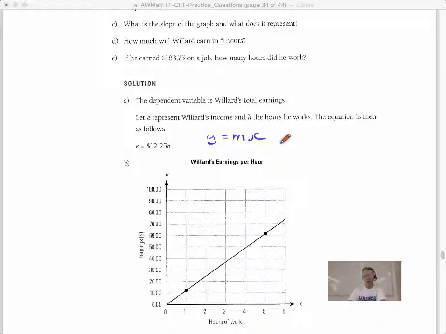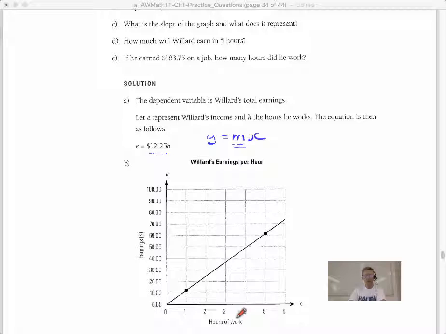Well, what's the slope here? Well, they're really telling us that the slope is $12.25 per hour. Remember the rise over the run? Well, the rise is $12.25 over the run of 1. $12.25 over 1 gives us the slope, this value here.